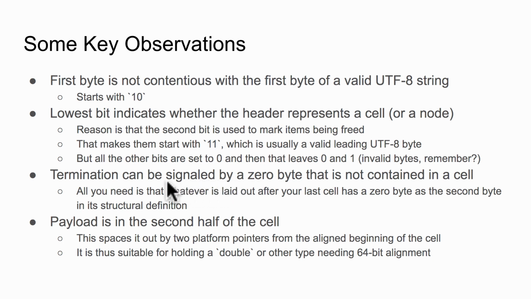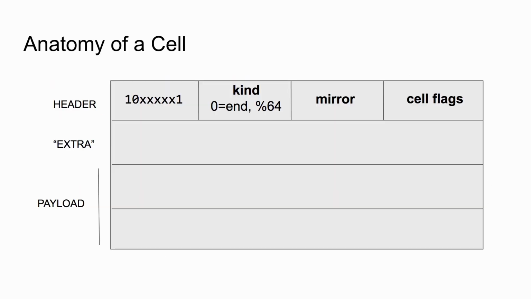Interestingly, for the 0 byte terminator, we don't have to have a whole cell. We only have to have that second byte be 0 in order to consider it a termination. So even though we often do have an entire cell's worth, like if we had allocated a series node, we can also signal an end, very trickily, with just a 2-byte C string.